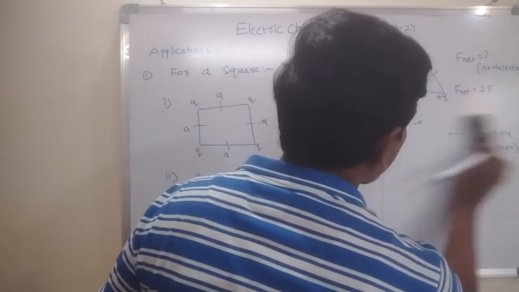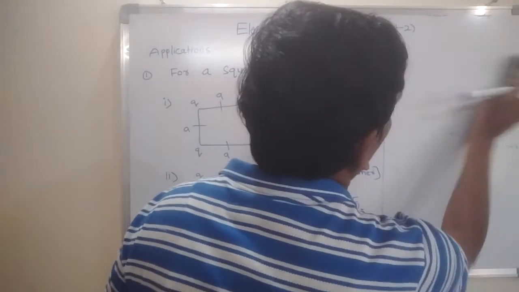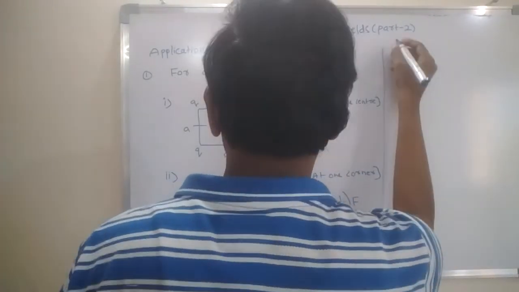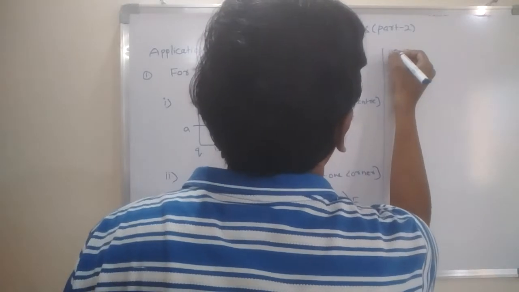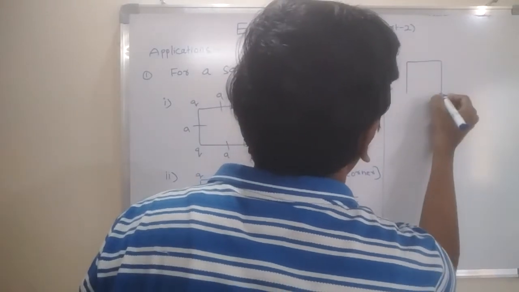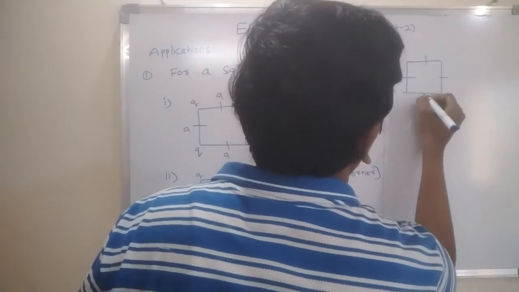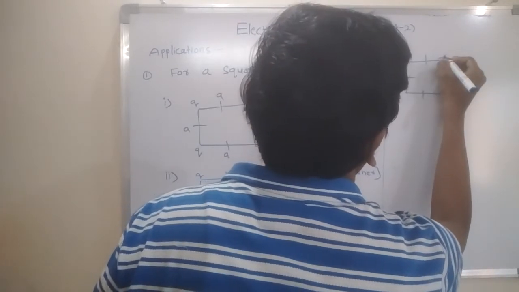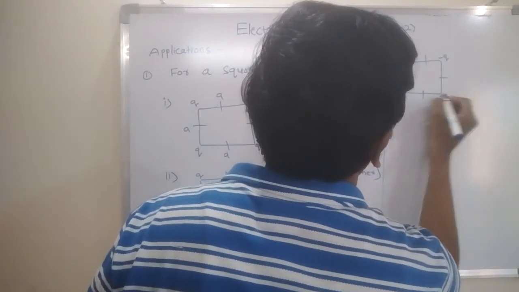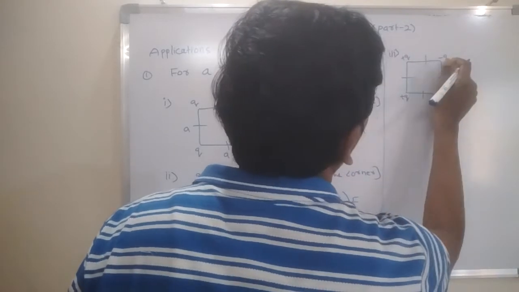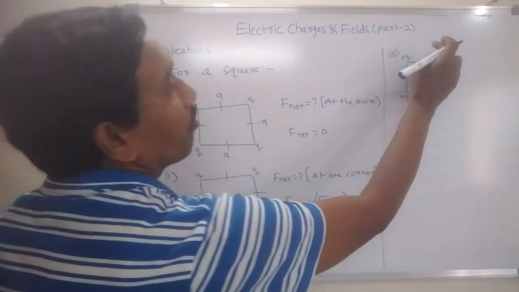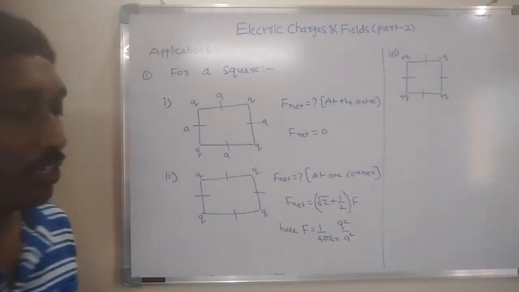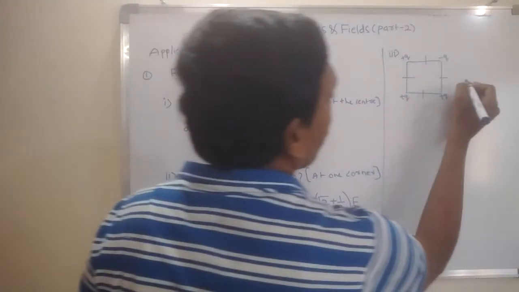So sometimes giving the same on the same topic, sometimes giving a question like this. For example, this is a square, so sides are equal. Here given positive charge, here taken negative charge, positive charge, positive charge. That means one negative, three positive, or one positive, three negative. Anyway, if you consider in this way, what is the net force?